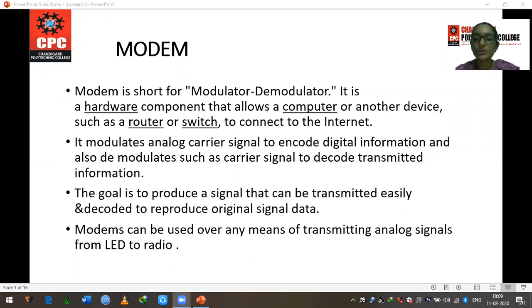The goal is to produce a signal that can be transmitted easily and decoded to reproduce the original signal data. Modems can be used over many means of transmitting analog signals, from LED to radio, etc.